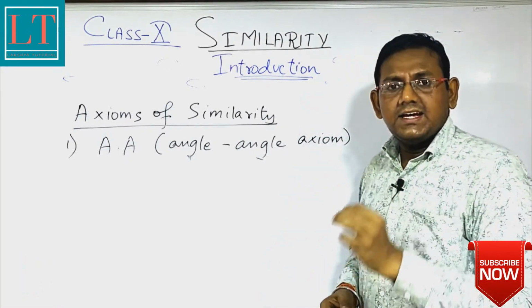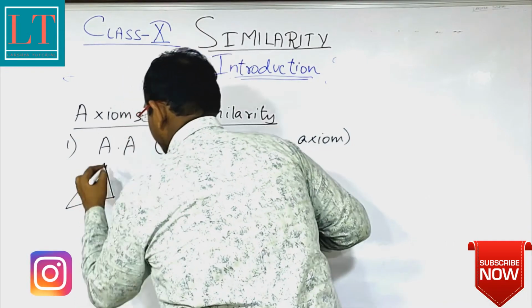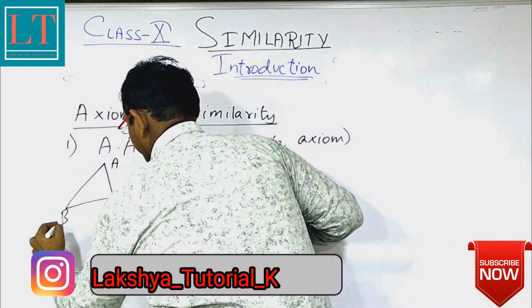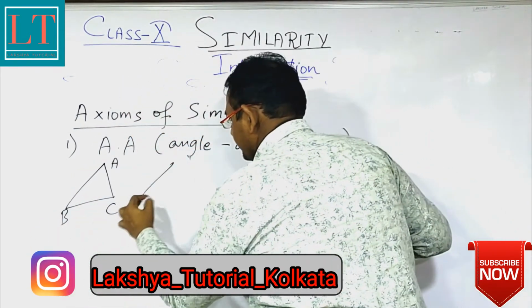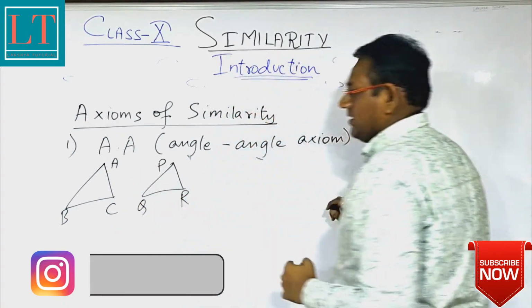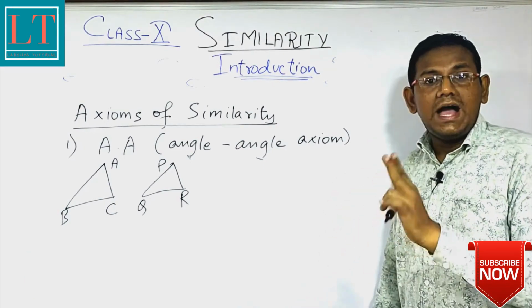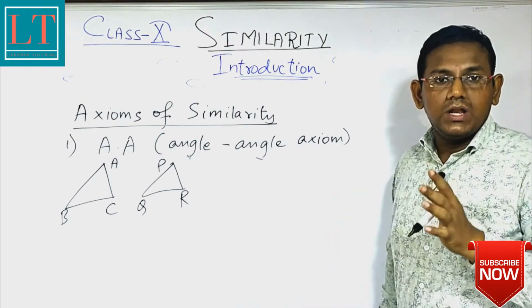In the case of the angle axiom, we will consider two triangles. Let this be ABC, and the second one PQR. In the case of the angle axiom, any two angles have to be equal. Any two.